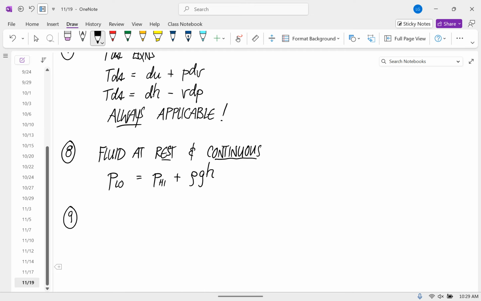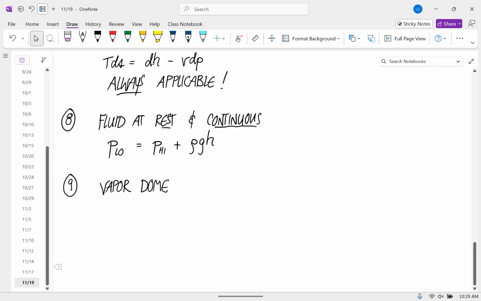So this is the vapor dome. It looks like this. It really doesn't much matter what the axes are.